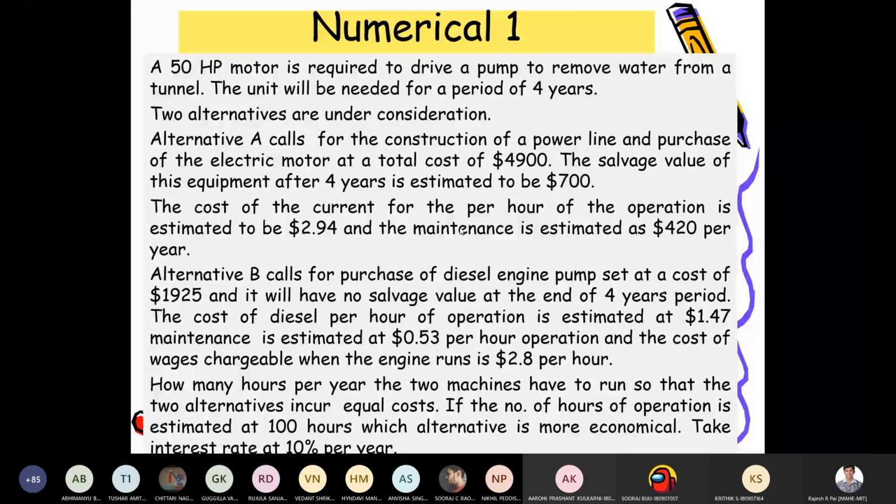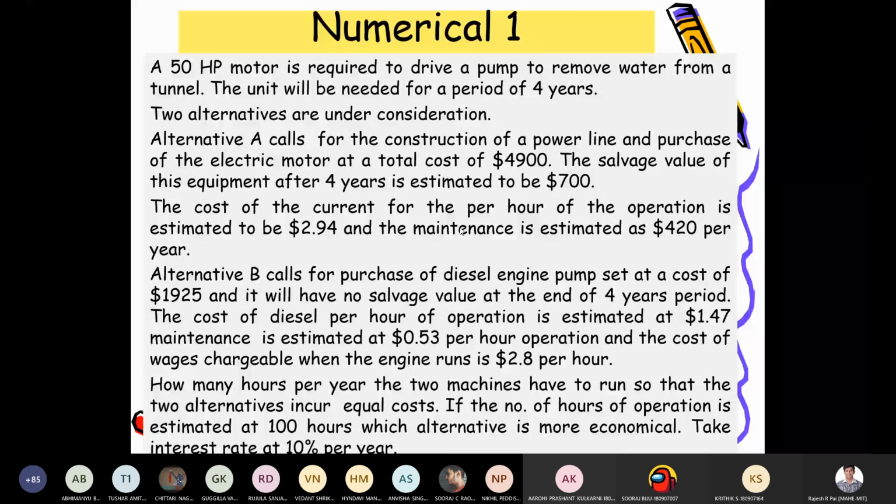Alternative B calls for purchase of a diesel engine pump set at a cost of $1,925, and it will have no salvage value at the end of the 4 year period. The cost of the diesel per hour of operation is estimated at $1.47.